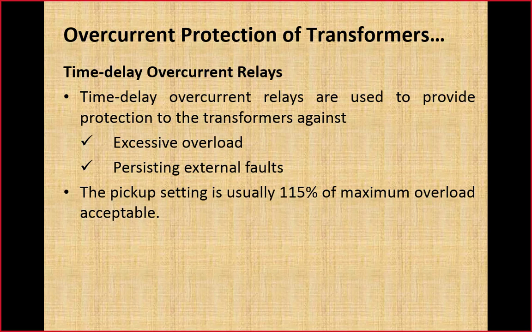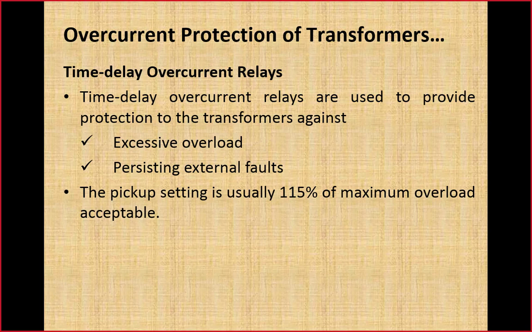Now, up to this point, we have discussed application of overcurrent relay for transmission line, for rotating machinery, and for transformer. We have seen that for transmission line, the pickup setting of the overcurrent relay will be greater than 2 times the maximum possible load current and less than 1/3 of the minimum possible fault current.